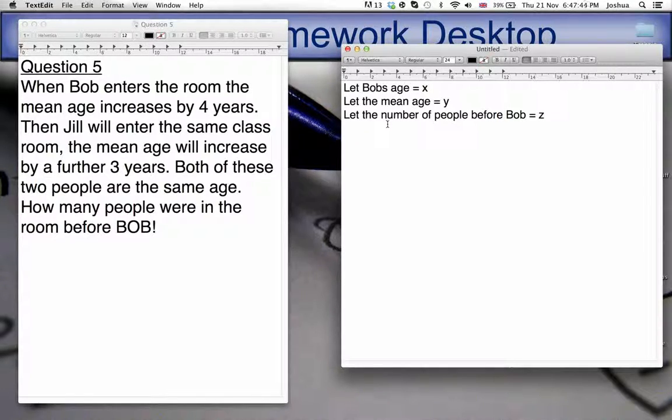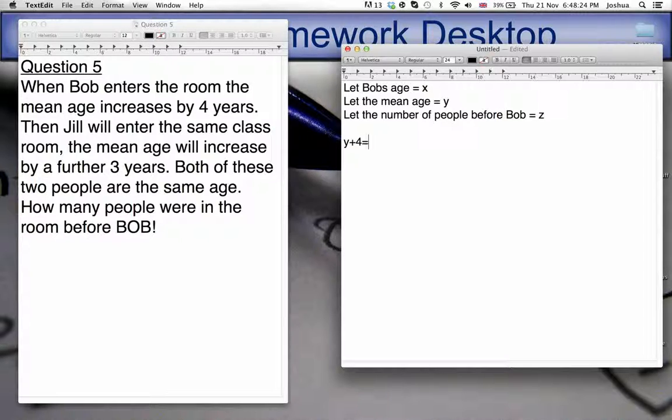So the mean age, okay, let's do this. Let's work on what happens when Bob enters the room. What is the mean age before Bob enters the room? Y. But it adds 4 years, so Y plus 4 must be equal to the new mean.